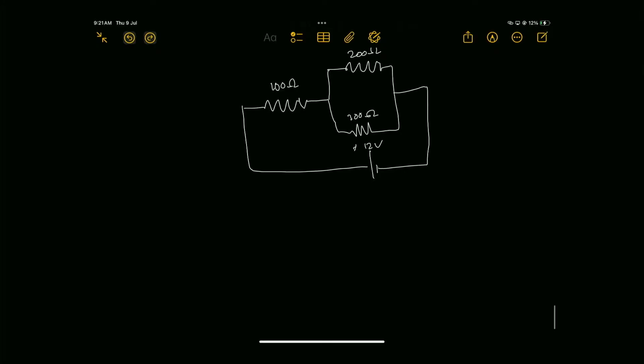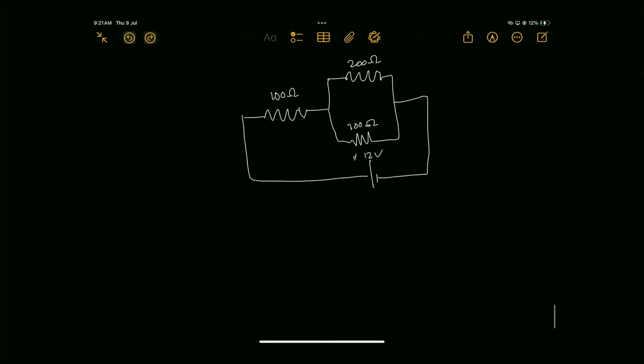So in parallel, I'm just going to write the equivalent resistance of those in parallel is equal to 1 over 1 over R1 plus 1 over R2, which is 1 over 1 over 200 plus 1 over 300.